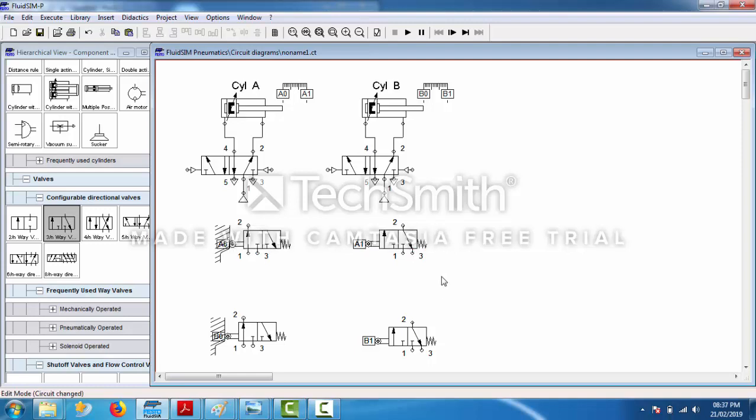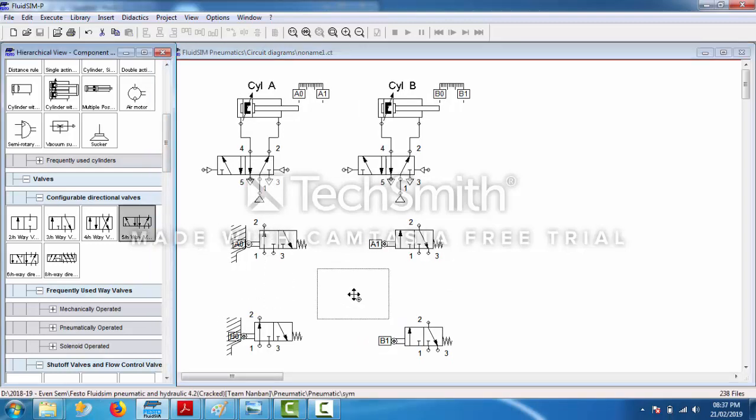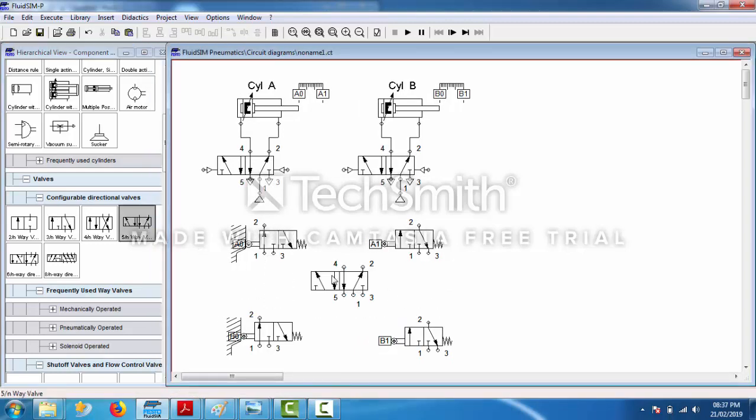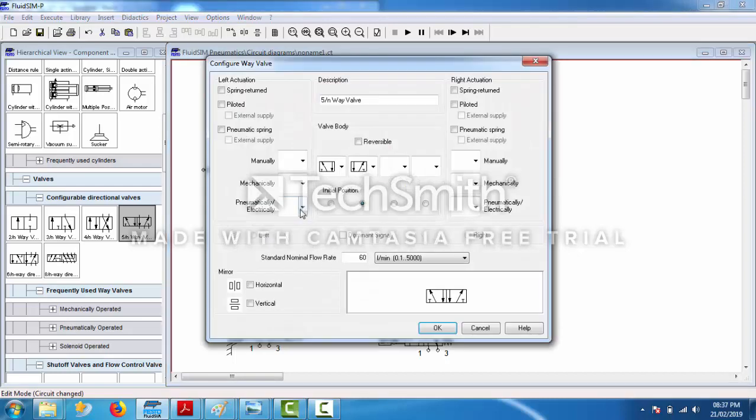Between the higher level sensor and lower level sensor, we need a 5x2 direction control valve. This is the 5x2 direction control valve. Now similar to these two, this 5x2 direction control valve is also pilot operated, pilot return.